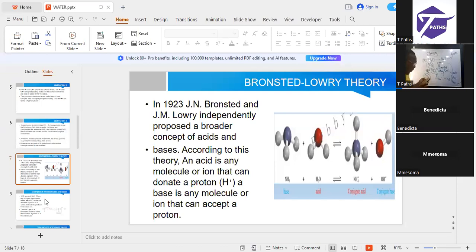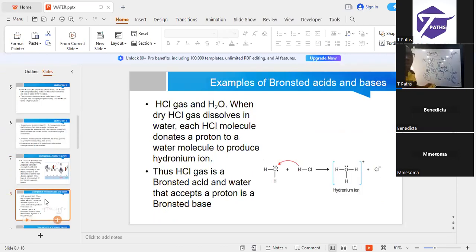You can see that diagram. The hydronium ion is formed, and we have Cl-. When dry HCl gas dissolves in water, each HCl molecule donates a proton to form Cl-, to a water molecule.